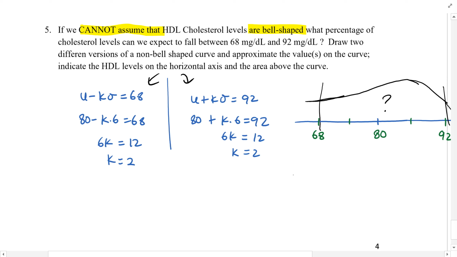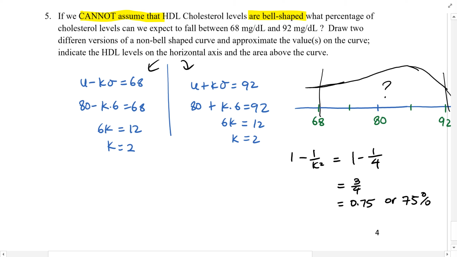When k equals 2, I will say 1 minus 1 over k squared, which is 1 minus 1 over 4. That will be 3 over 4, or 0.75, or 75%. So we can expect at least 75% of the cholesterol to fall between 68 and 92 mg per dL.